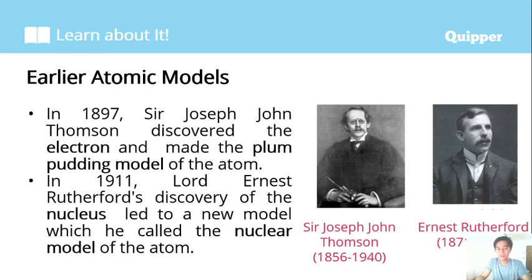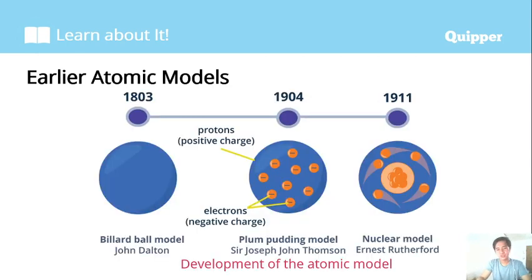That is why the model is called the nuclear model. So if you trace the development of atomic models, starting from a solid sphere to a model composed of subatomic particles: from the billiard ball model to the plum pudding model to the nuclear model.